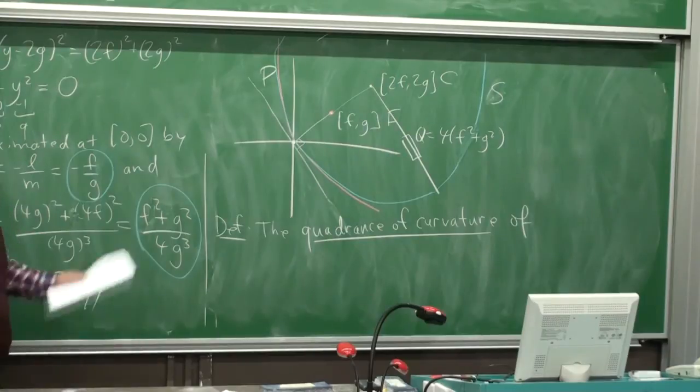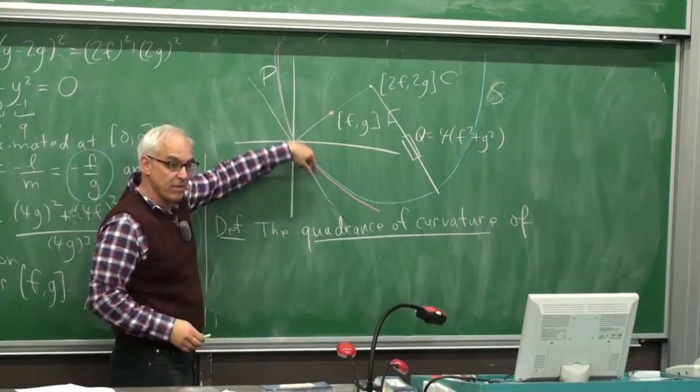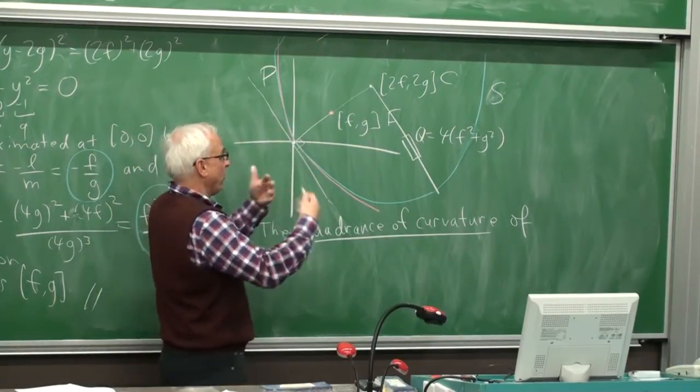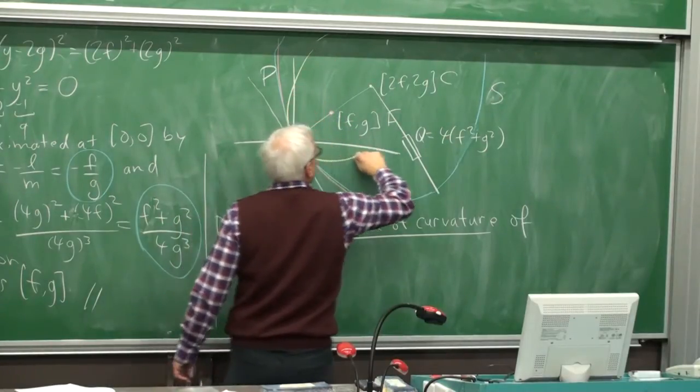And let's also consider another conic, a general conic, which is touching the origin in the same way as the parabola is, like that general conic that we called Z previously. So I'll just draw it like this.